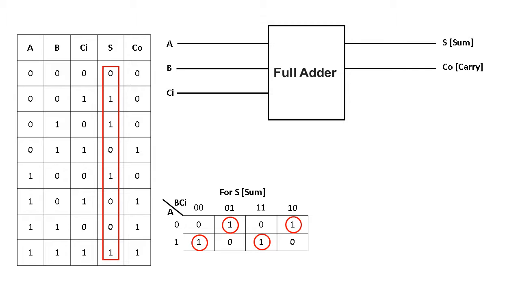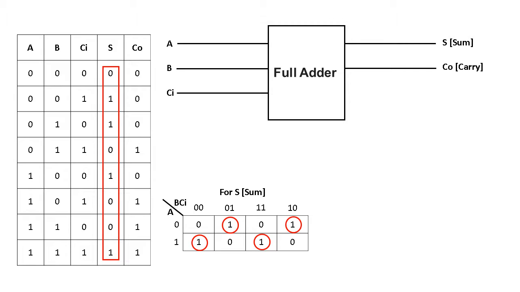You can observe the high value 1 here; actually this is the odd detector. If you closely observe the truth table, when there is an odd number of high inputs, that is an odd number of 1s as input, the output is also high. Otherwise all the outputs are 0. When there are all high inputs in the last row, you can observe A, B and Cin are all high, that is 1, and the output is also 1.